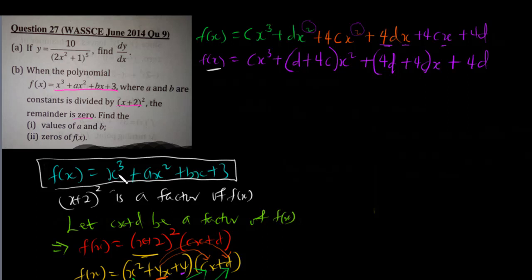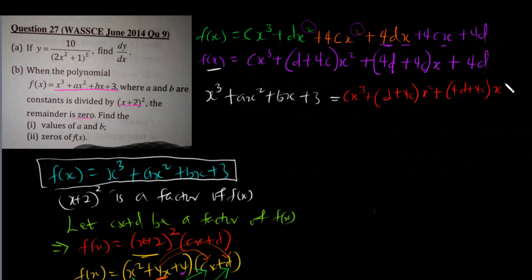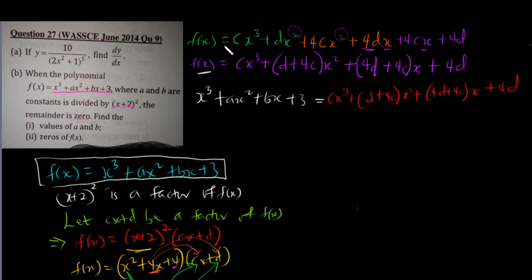So I can write x cubed plus ax squared plus bx plus 3 equals all the terms on the right hand side. So I'm going to have cx cubed plus d plus 4c times x squared, then 4d plus 4c times x, plus 4d. So now we can equate or compare the terms on the left and the right.